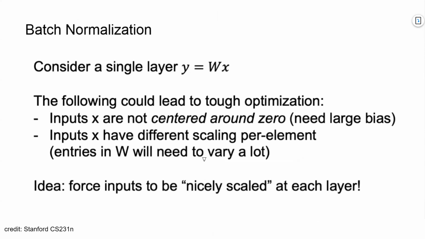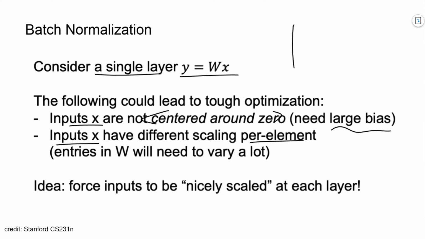All right, so let's have a look at this example. Let's say we have a single layer network that looks like this, and the following could lead to tough optimization. If inputs are not centered around 0, then we might need a larger bias to cope with the data bias. And inputs X have different scaling per element.